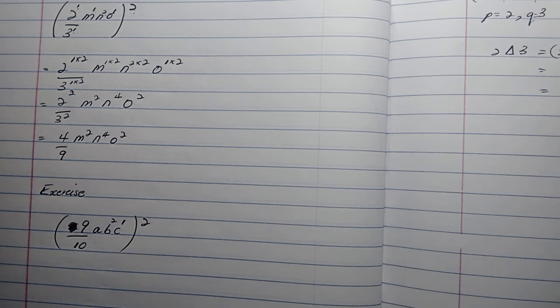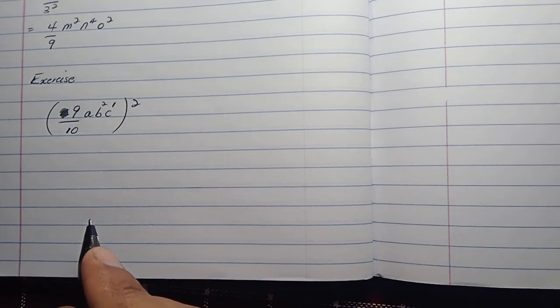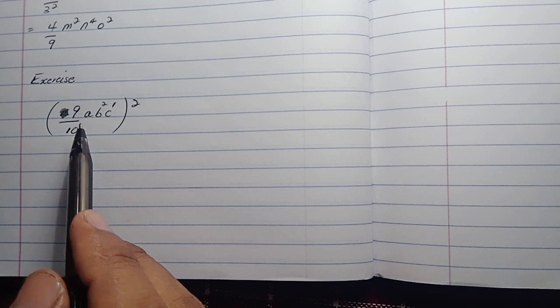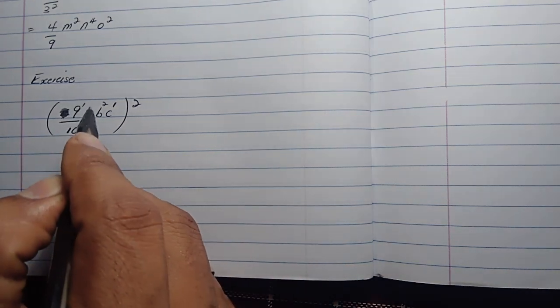I hope you would have paused the video, worked it out, and now I will be showing you how to do it. So first things first, we must indicate the power of every single base that is here. 9 to the first power, 10 to the first power, a to the first power.